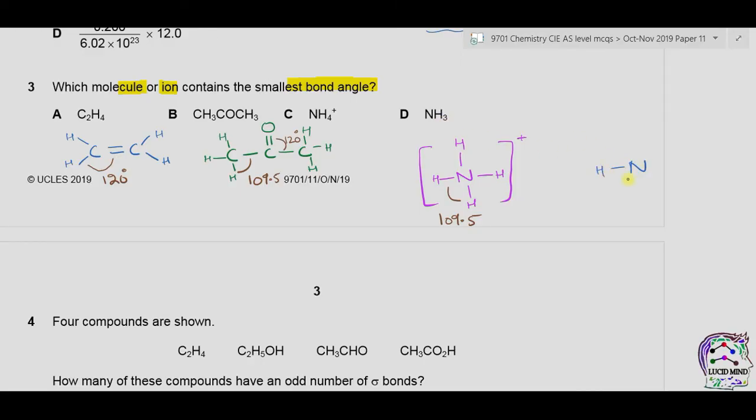In ammonia we have 3 hydrogen-nitrogen bonds and 1 lone pair is also present on nitrogen. As the repulsion between lone pair and bond pair is more, this bond angle will reduce from 109.5 to 107. So the compound having least bond angle is ammonia. The answer is D.